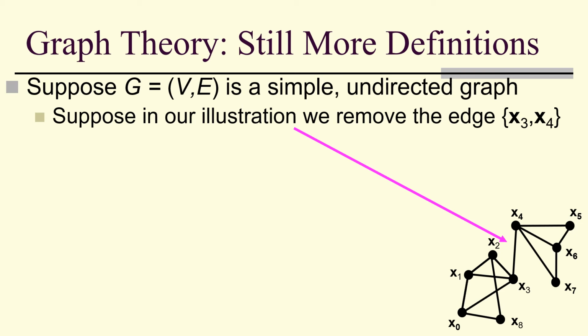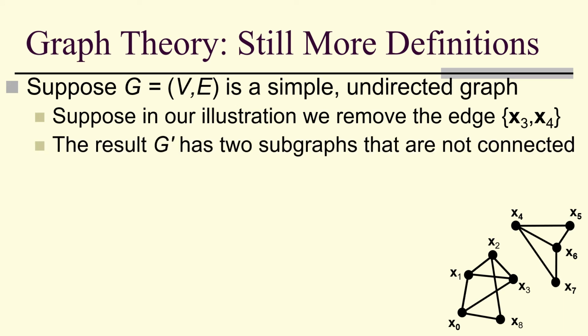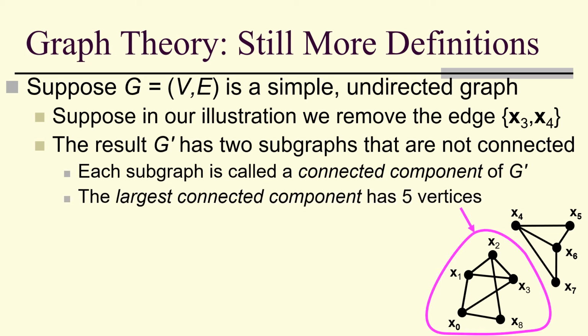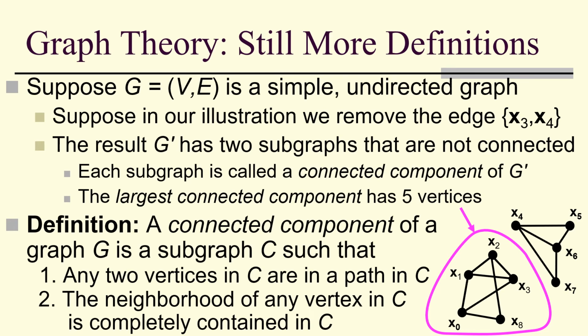Now suppose in our simple illustration we remove this edge from X3 to X4. The result is two subgraphs. They're both subgraphs, but they're not connected. So we say that they're each a component of G prime. The largest connected component has 5 vertices, and that leads to our definition of connected component.